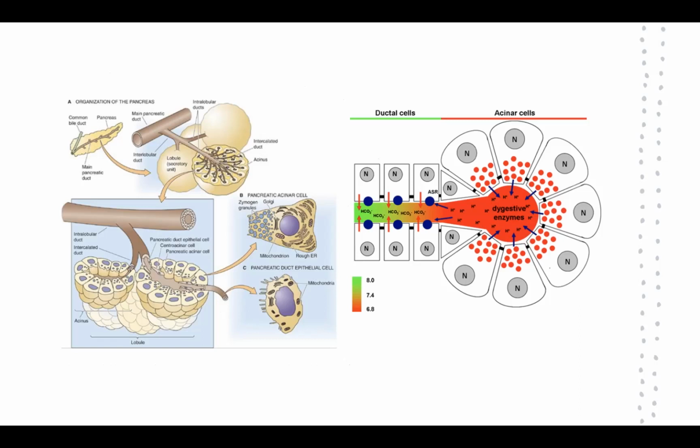Here we can see this area is quite acidic, and it becomes less acidic as it passes through the ductal system. And here we can see that the acinar cells are arranged in a lobular structure, connected via intralobular ducts, which then drain into our main pancreatic duct. We can see that quite clearly, which is really good.